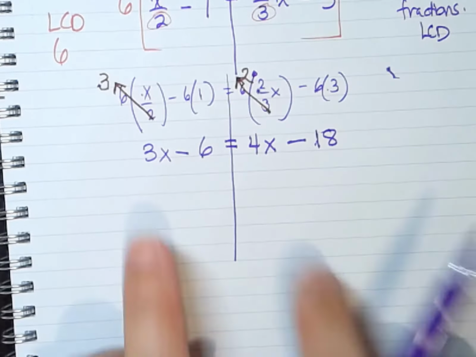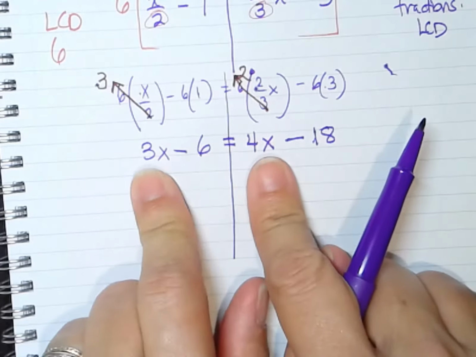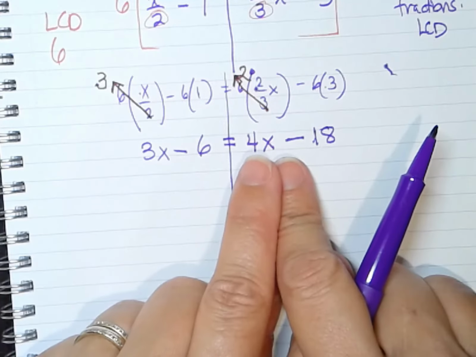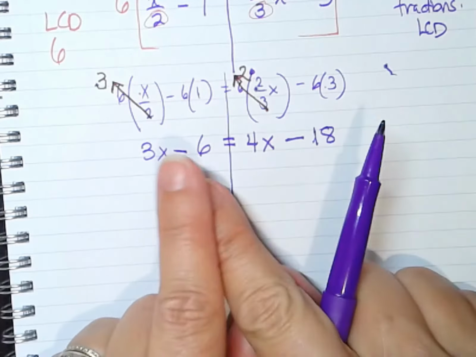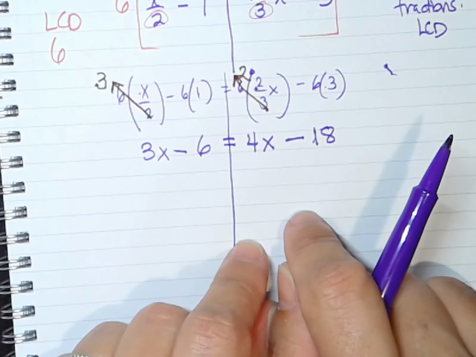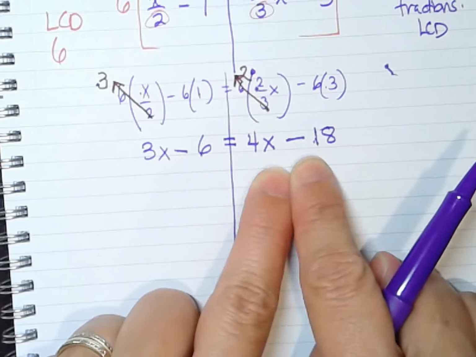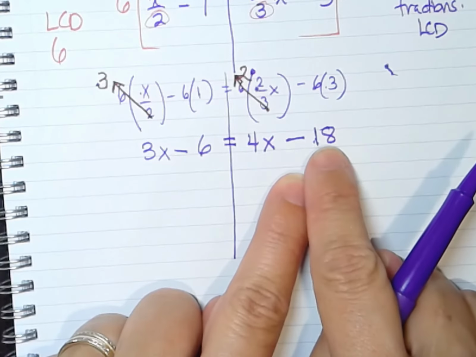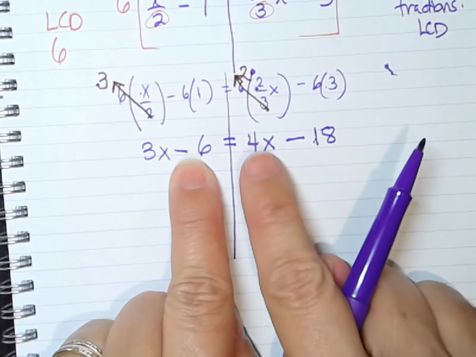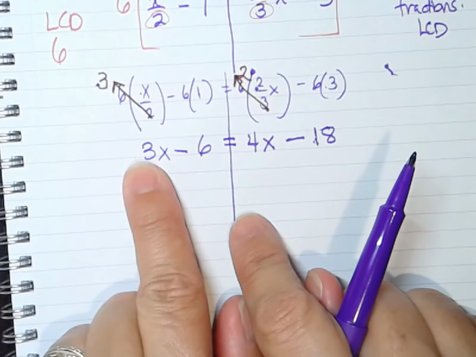So I need the x's to be on the same side of the yard and the numbers to be on the other side of the yard. I can move anybody first. It doesn't matter. I can move the 18 first. I can move the 6 first. I can move the 4x first. I can move the 3x first.